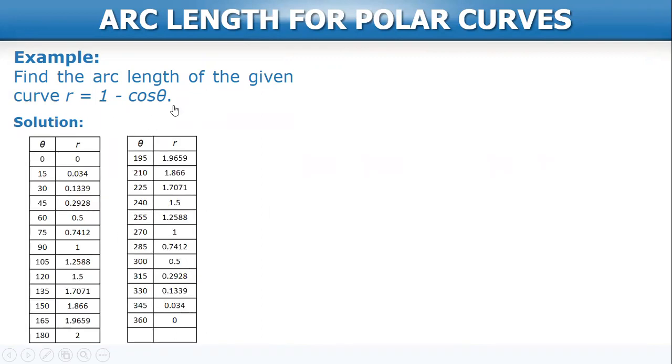You substitute values of theta from 0 to 360 with an interval of 15 degrees, depending on you, and then plot. Now, identify the biggest value of r. In this case, it's 2, so that you will know the number of circles that you are going to draw. Let's have an interval of 0.5: r equal to 0.5, 1, 1.5, and 2. So we have this one.